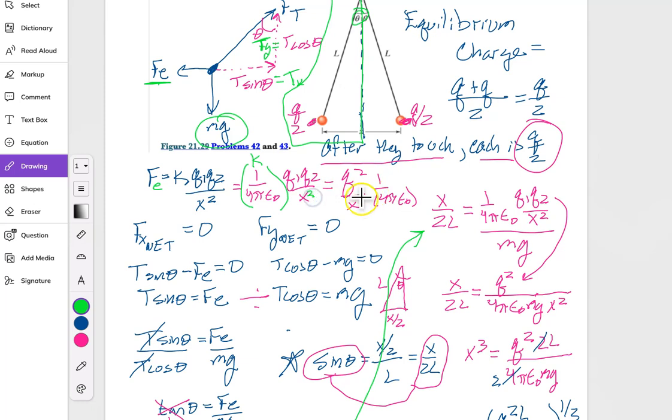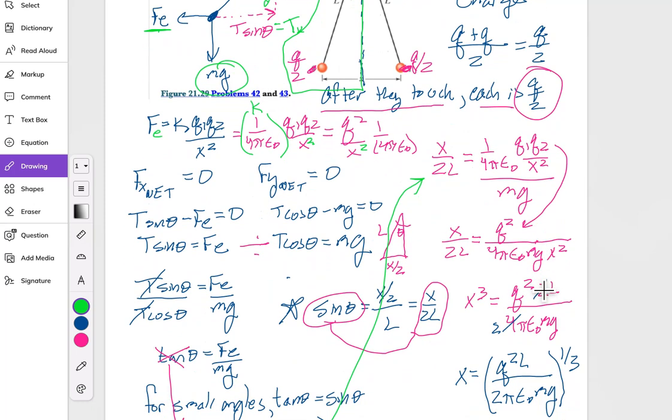Sorry about that. But we also said that Q1 times Q2, they're both the same, so we just make it Q squared. Then I'm going to move the 4 pi epsilon naught to the bottom and the x squared to the bottom. So now we have x over 2L is equal to Q squared over 4 pi epsilon naught mg times x squared.